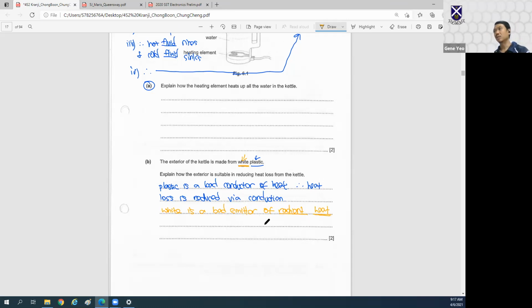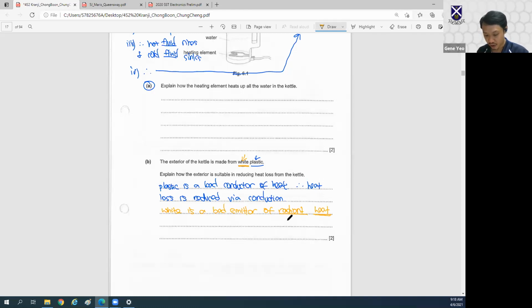Okay, when you talk about colors being a bad or good emitter or absorber or whatnot, the keyword is always radiant heat. And some of you get confused. Sometimes I won't be surprised if some of you say that, oh, white is a bad absorber of radiant heat. But in this case, we're not talking about it trying to absorb energy, right? In this case, we're talking about it preventing the energy from being lost. So it's a bad emitter of radiant heat.